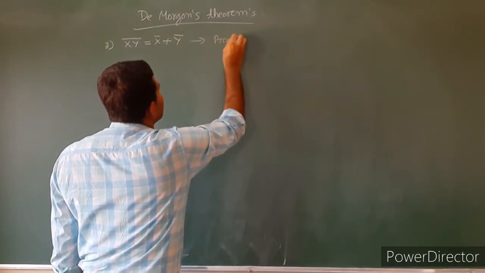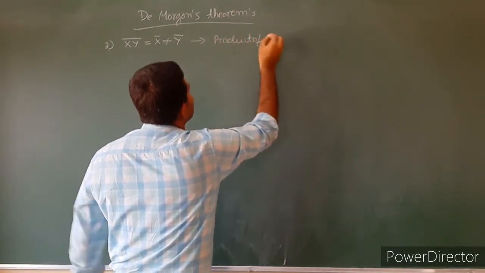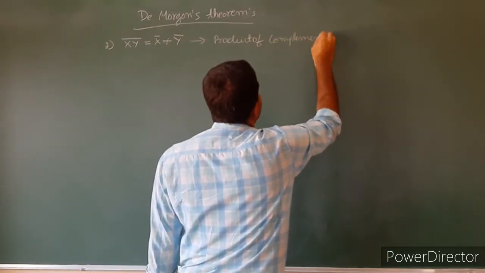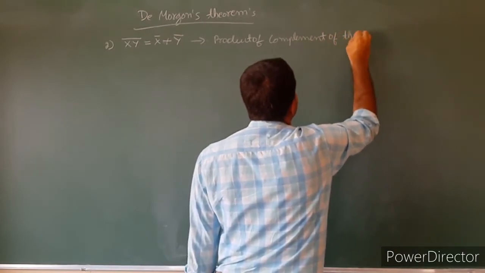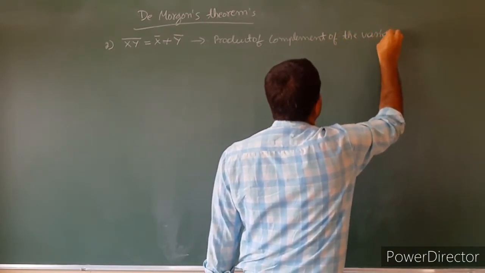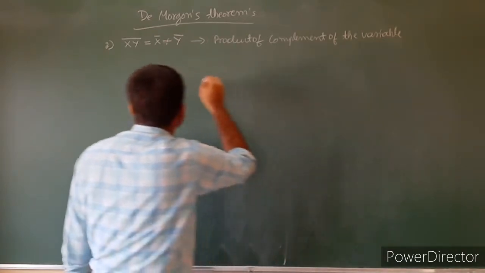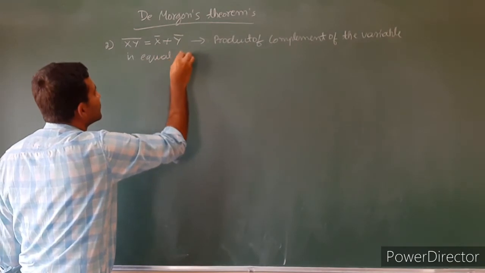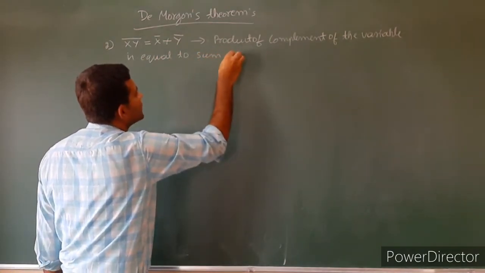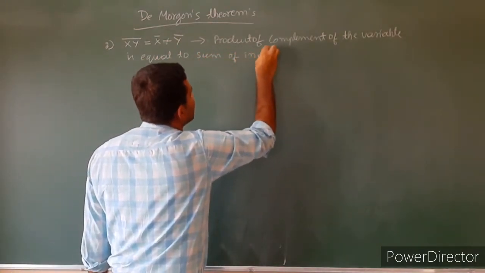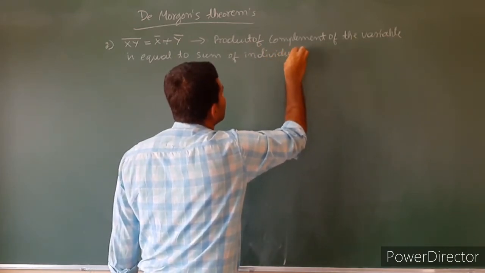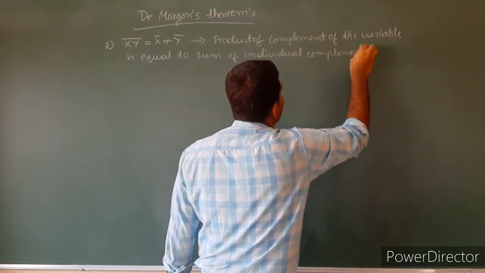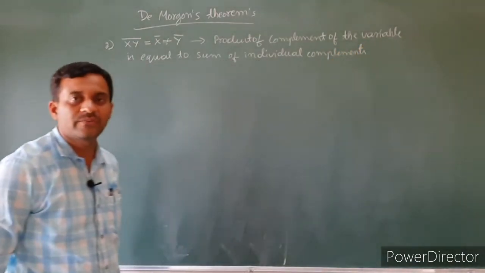The product of complements of the variables is equal to the sum of the individual complements of the variables. That is the definition of the second theorem.